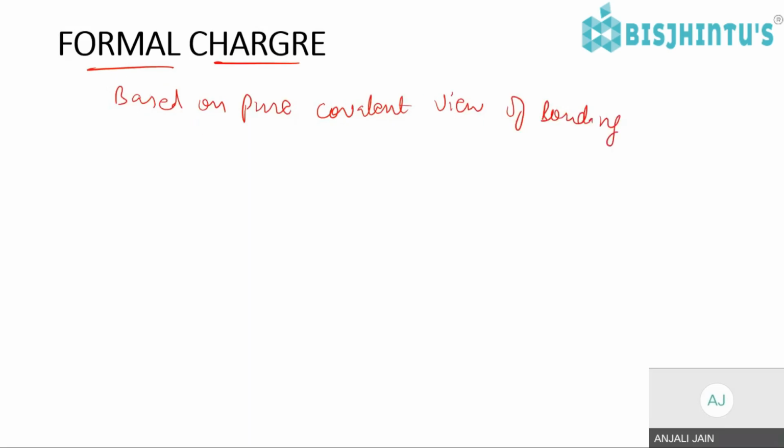Take the example of the ozone molecule, O3. How will oxygen form the bond? We know oxygen has atomic number 8, and 2,6 is its valence electron configuration.